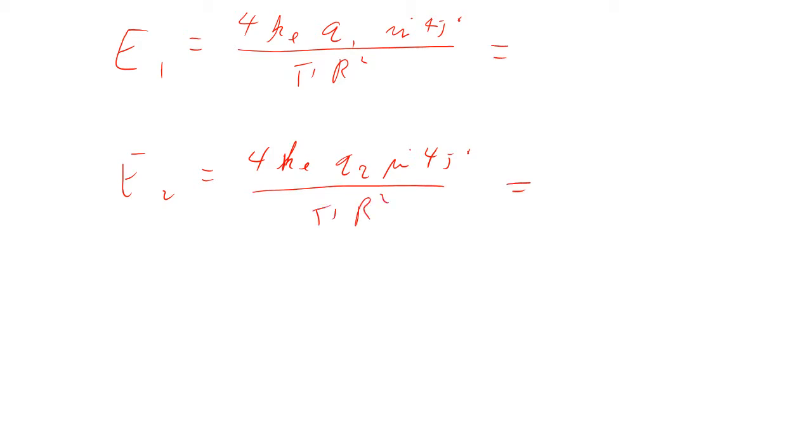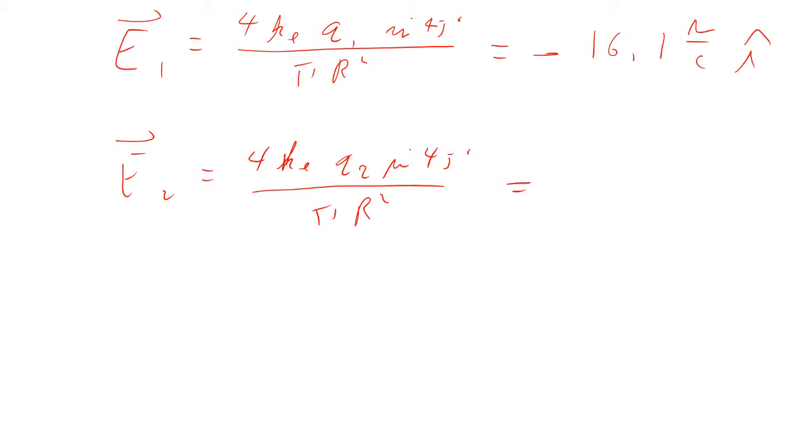If I plug in the numbers right there, then I'm going to get E1, and then E2. Now E1 is going to be to the left here, so this will be a minus, and the answer comes out to be minus 16.06, or I guess I should round that to 16.1 newtons per coulomb I.